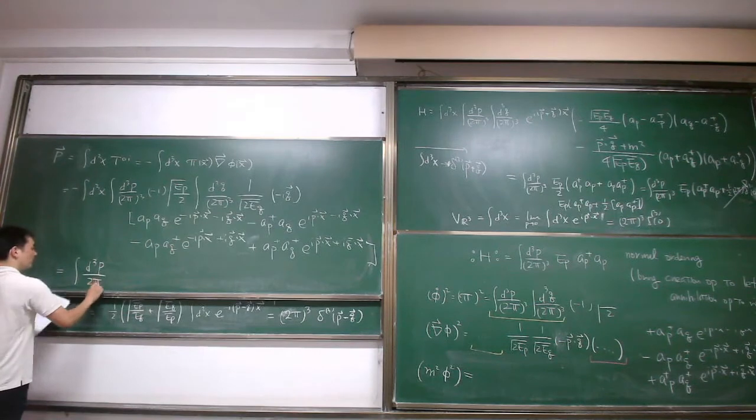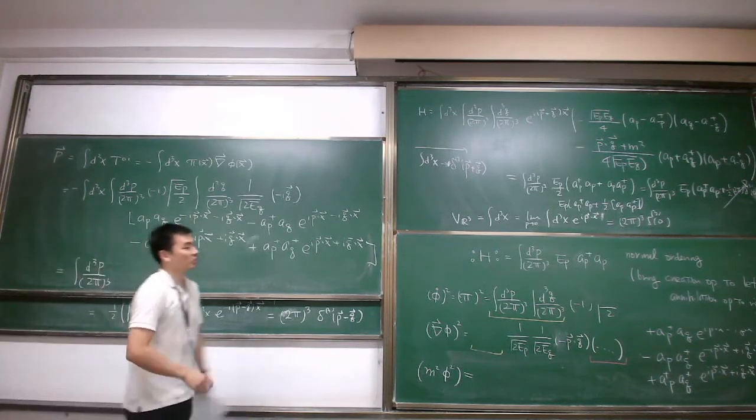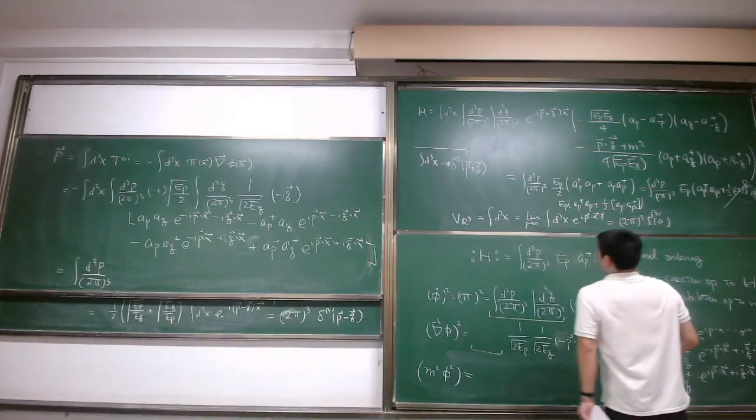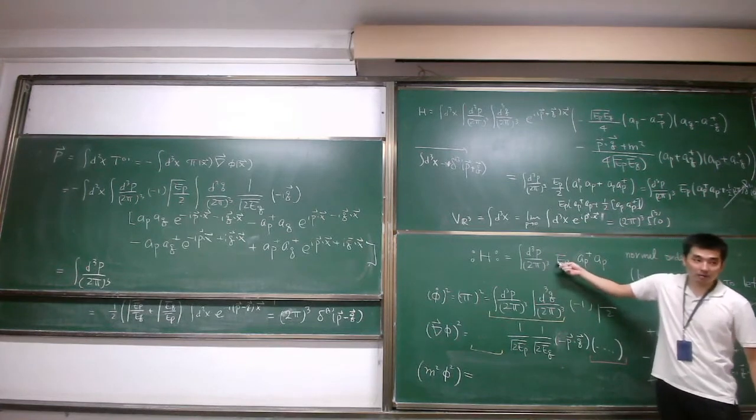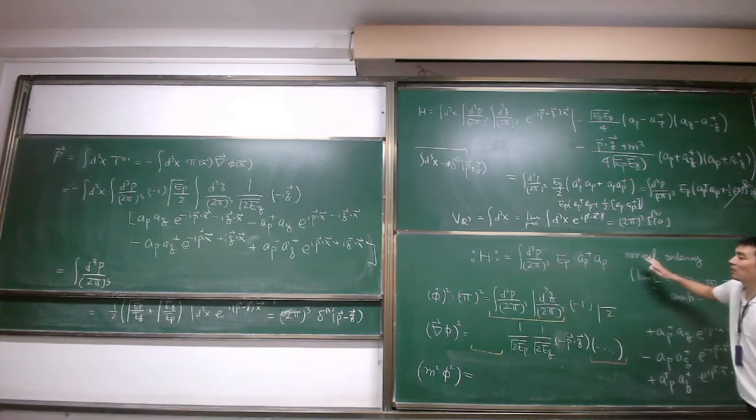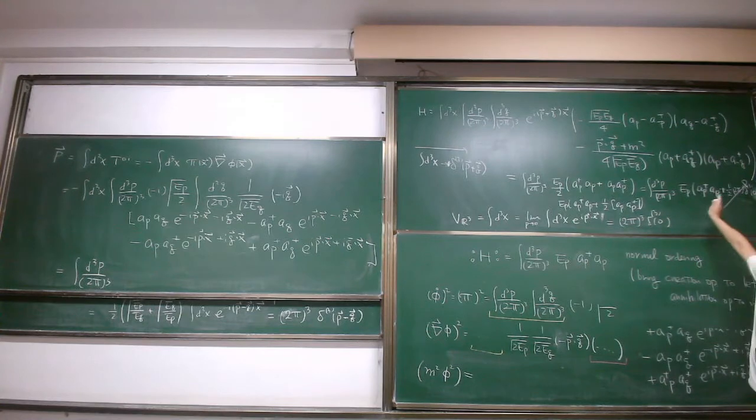And as you can easily imagine, since this is just an integral over momentum with the E_p, we just ignore the constant term.